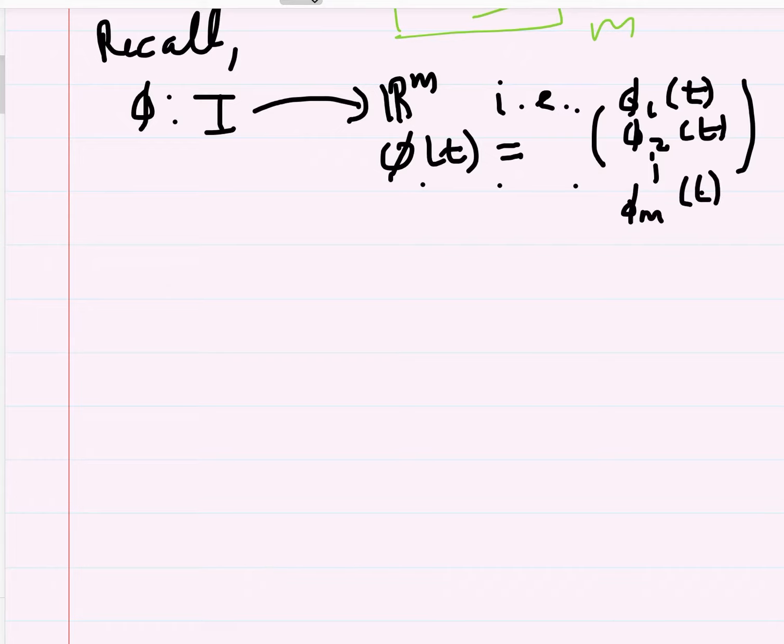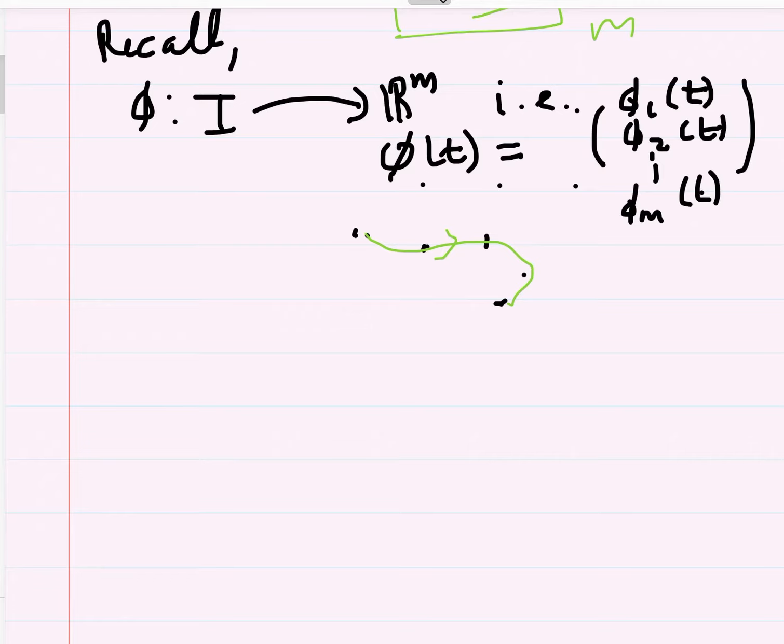And for various values of t, you have points that are being plotted in Rm, and eventually what you're getting is a curve in Rm. And that's your parametric curve.